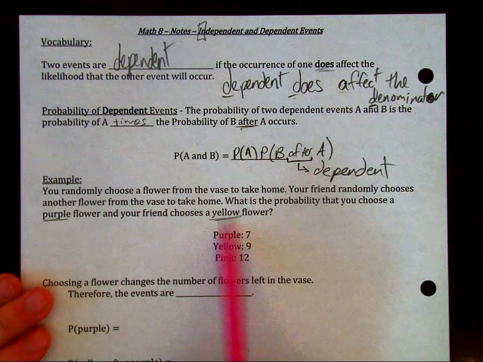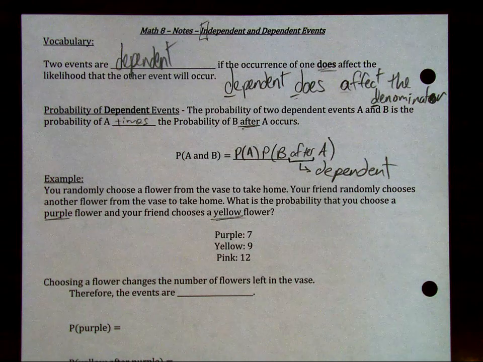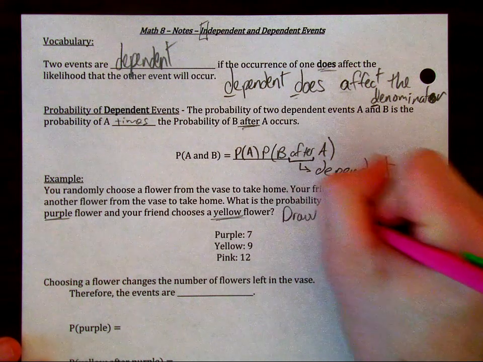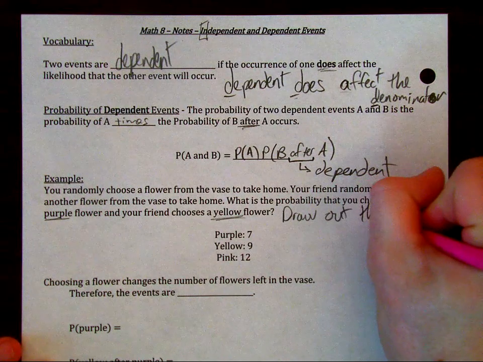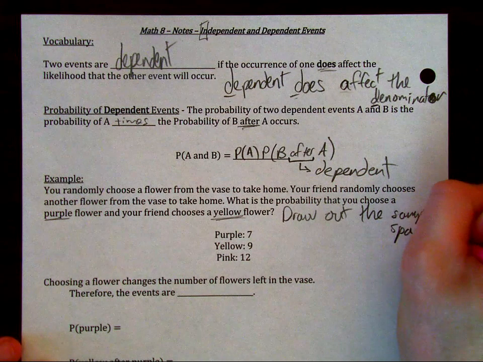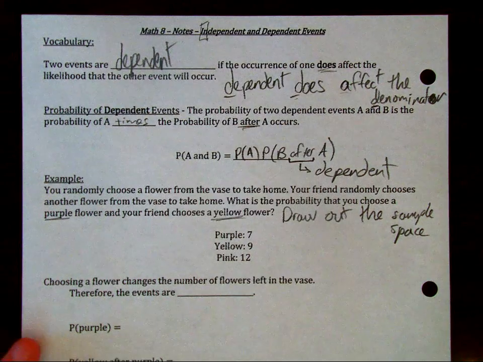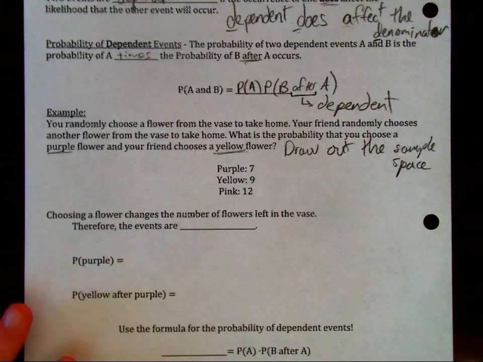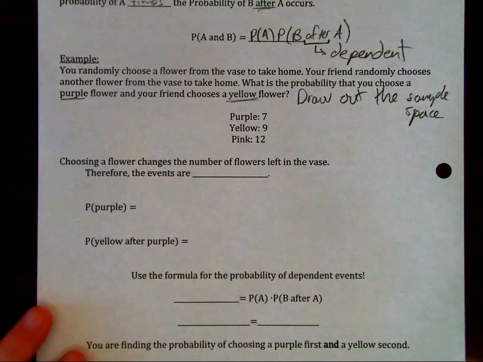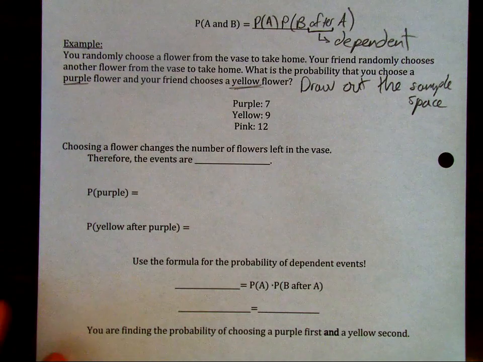So, for example, we can draw out the sample space. What do you guys think the word or phrase sample space means? You guys talk about that? Space to use? Sure. We're not talking about astrology or the outer space. But what are we talking about?